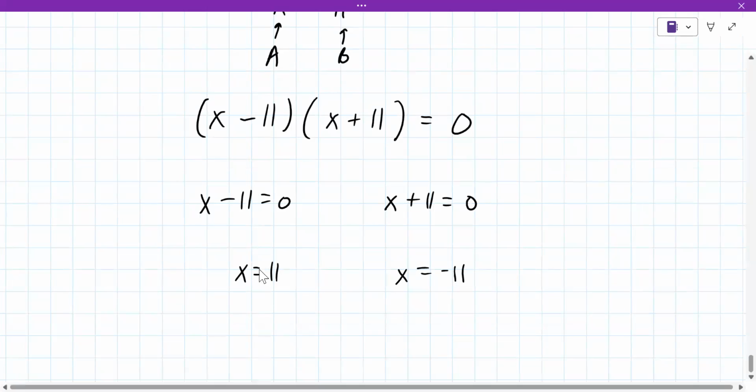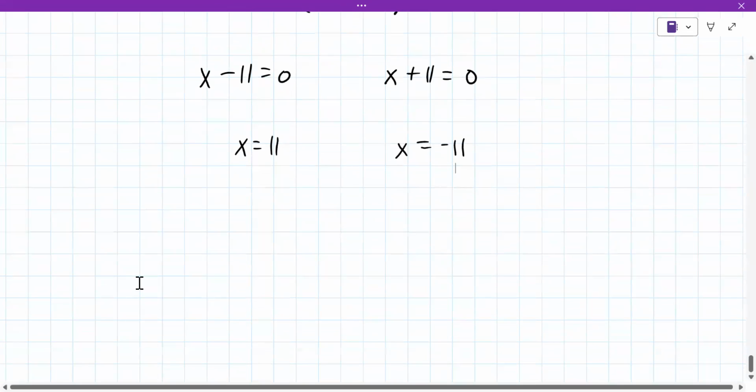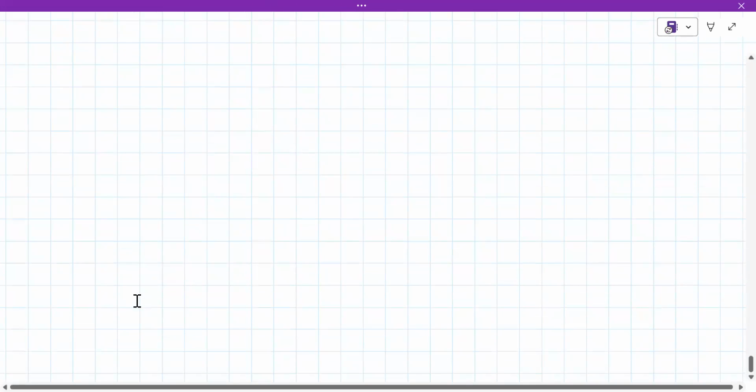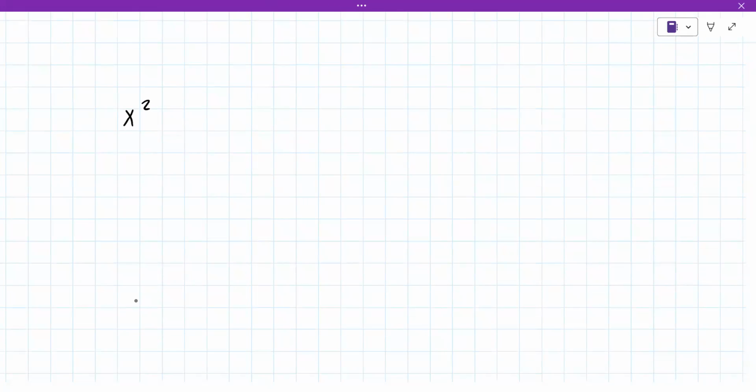Good. Okay, let me have you try one start to finish here. You could solve this, please. So x equals 18.